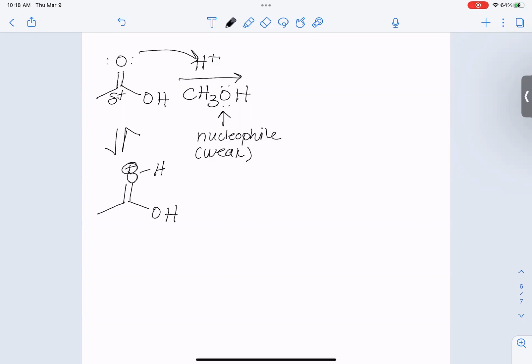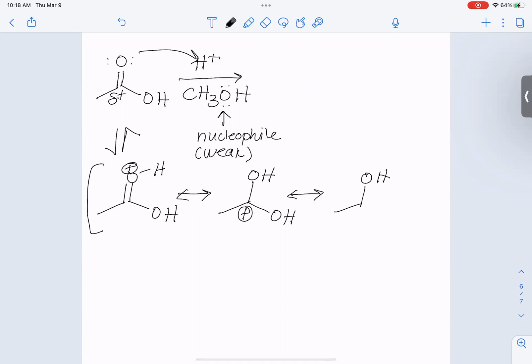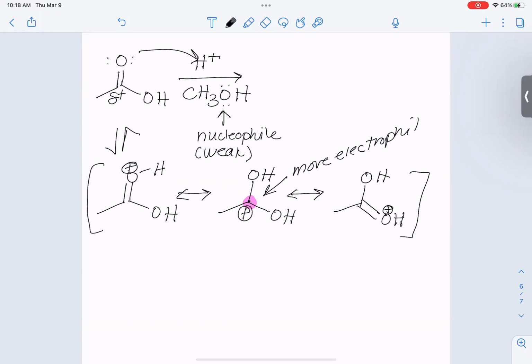All right, now that we've protonated that oxygen, we have resonance. Okay. So we've made this carbon more electrophilic. There's more positive charge.